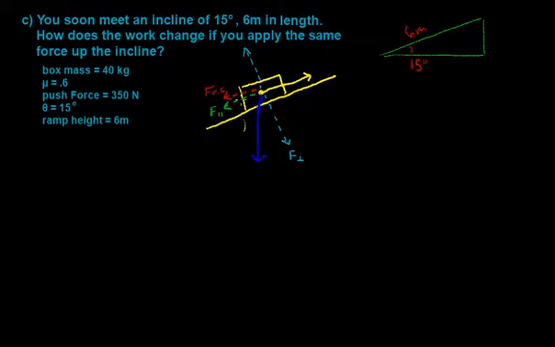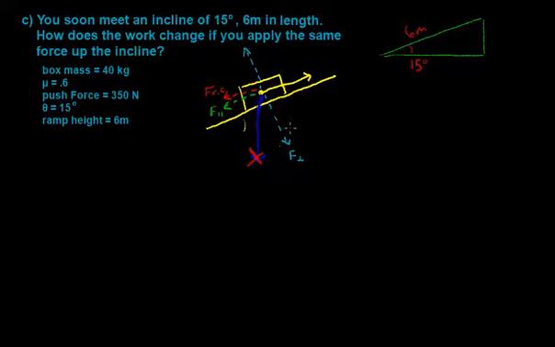So with that, these are all the forces acting on our box, and we need to decide which ones we need to count when we calculate work. So of course we're going to ignore this gravity vector because we split it up into its components, so that doesn't need to be counted.